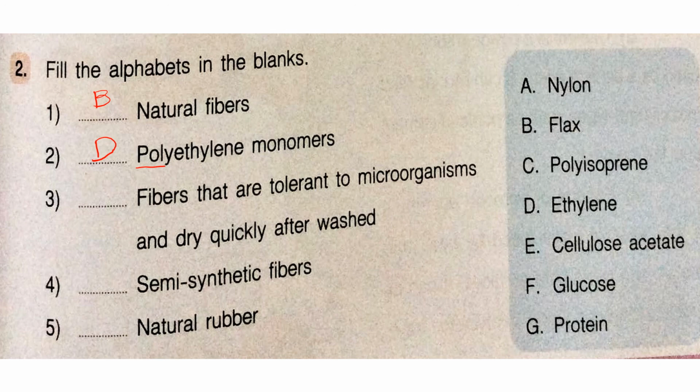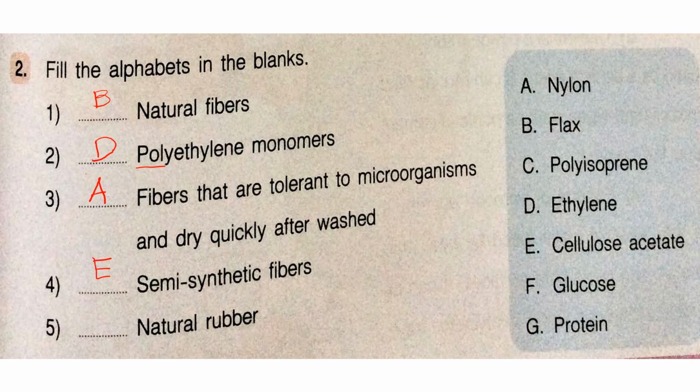So we are looking for nylon, or letter A, which is an example of your synthetic fiber. Number four: we are looking for a half-breed, which can be 50% synthetic and 50% natural, so it's a combination. So we are looking for cellulose acetate, or letter E.